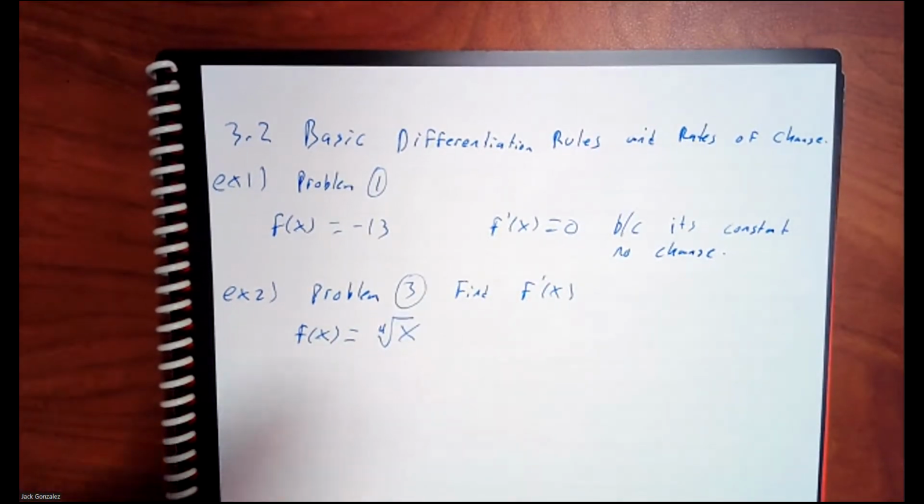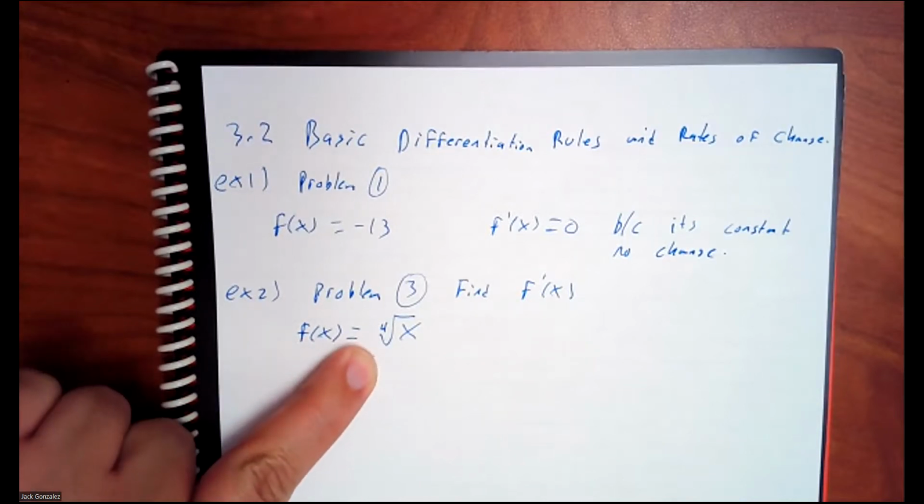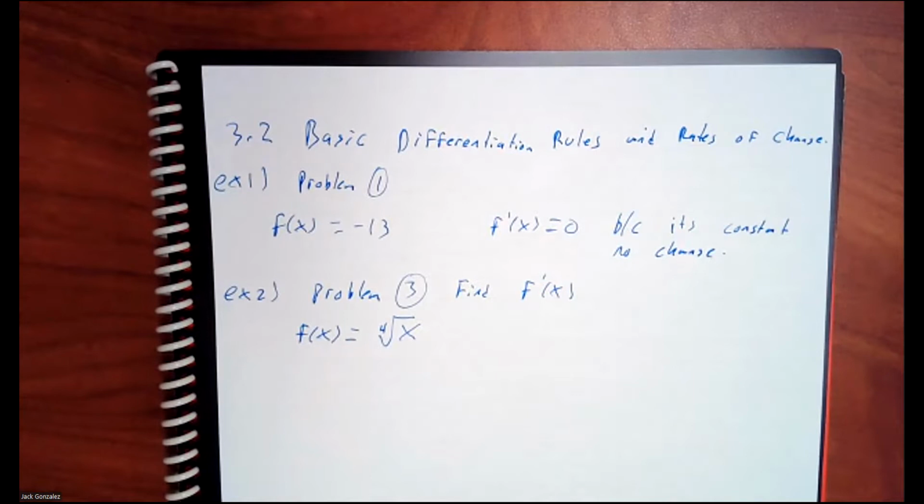Do you remember what roots are written as in terms of powers? What type of powers are there? Like, what is a square root as a power? Do you remember?